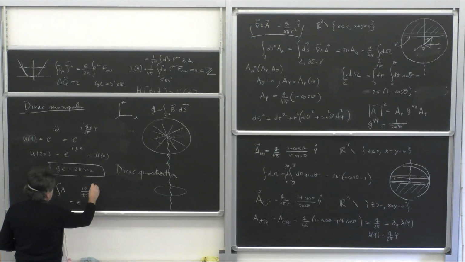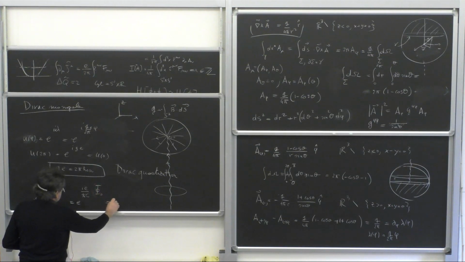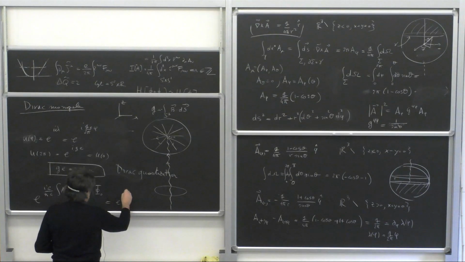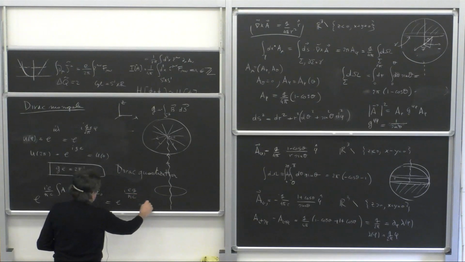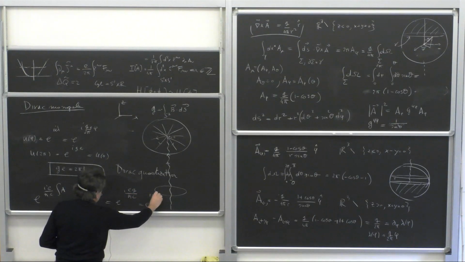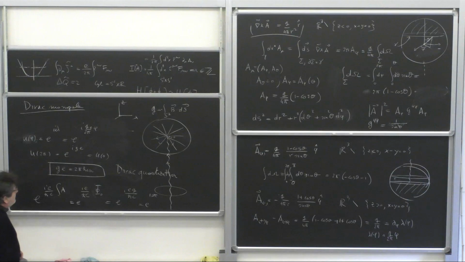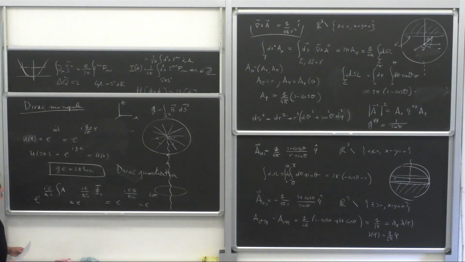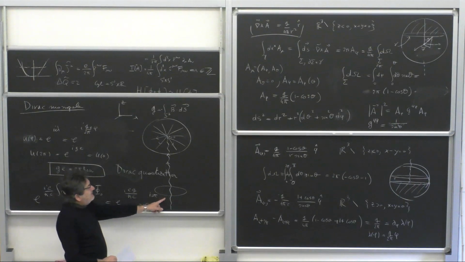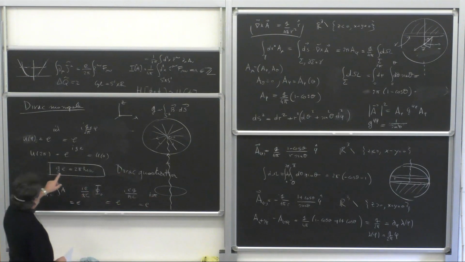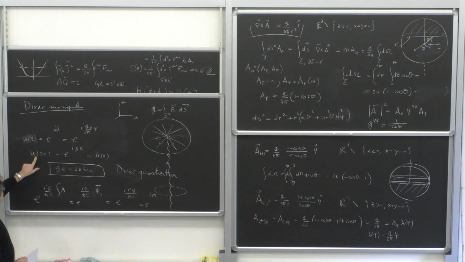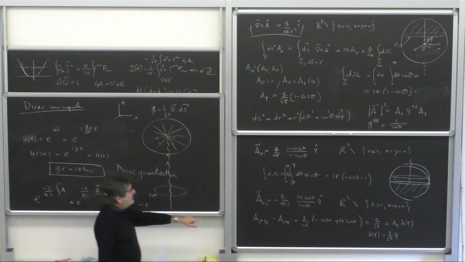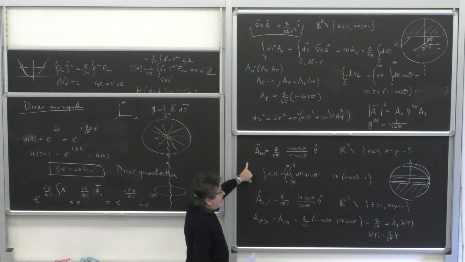I get this flux, so the flux is e g over h bar c, that has to be 2 pi, and so I get the same quantization condition. So the invisibility of the string for a test particle is the same thing as the fact that the gauge transformation that connects the two solutions here is a proper gauge transformation.